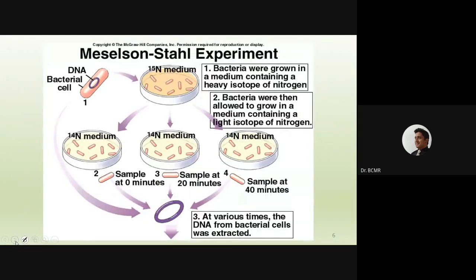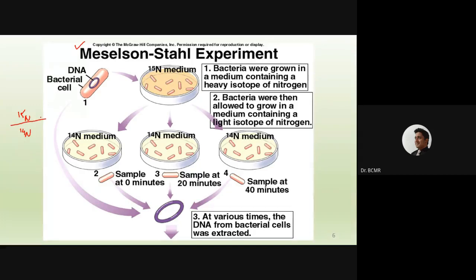So there is this famous and important experiment that was done by Meselson and Stahl. We'll just call it the Meselson-Stahl experiment. They used isotopes of nitrogen. They used two different types of isotopes of nitrogen, say N15 and N14.